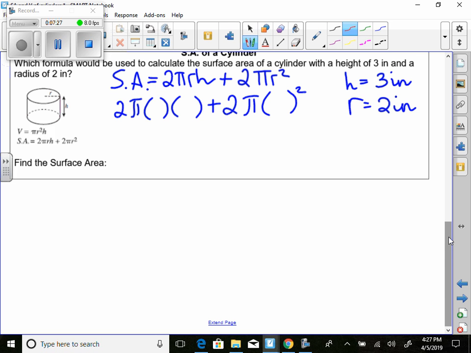Okay, so 2 times pi times r. R is 2, so I'm going to put 2 in my first set of parentheses, times h. H is 3, so here we go. And then r in the second part is 2 inches.